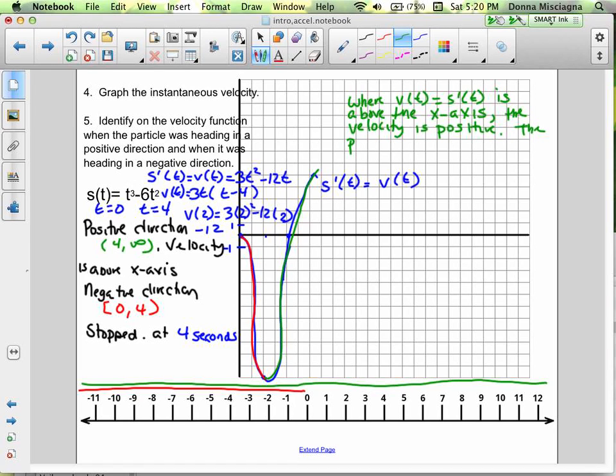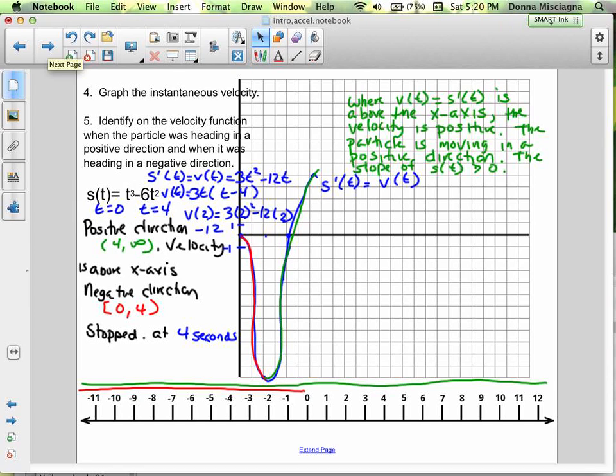The particle is moving in a positive direction. Also, the slope of s of t is positive. I'll just put it as greater than 0, it's fine. Positive, greater than 0.